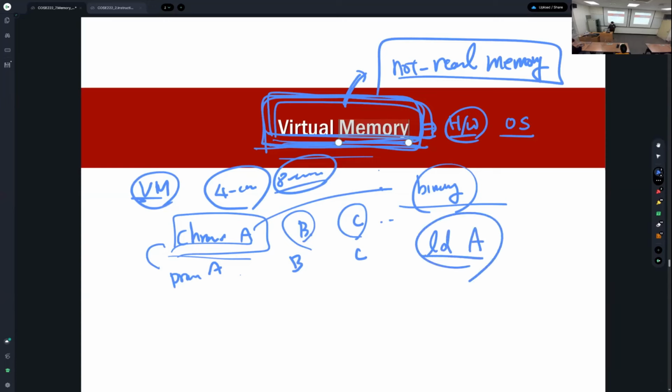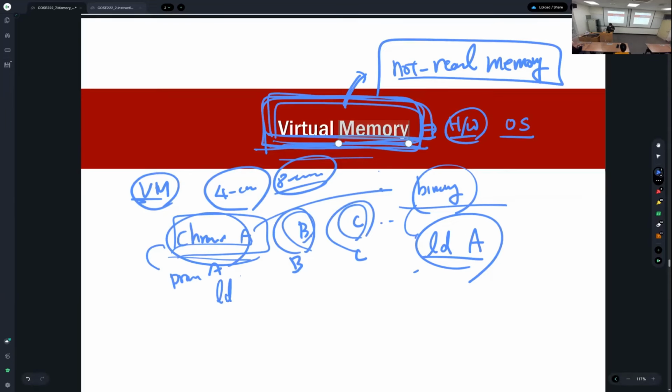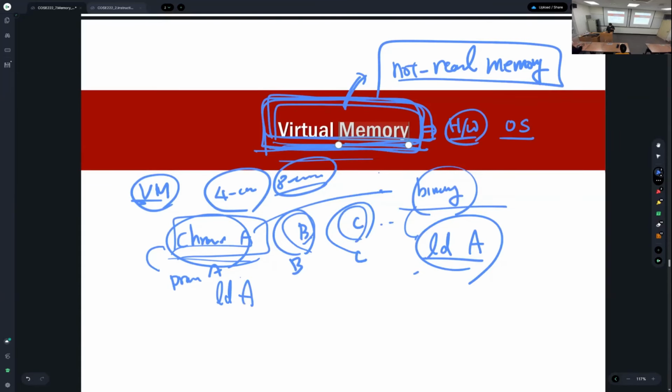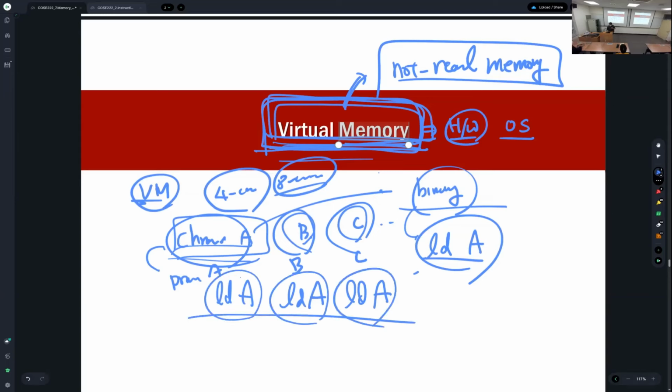Let us assume that this binary includes the load instruction, load A. This is the same binary file, which means that we are running the same load instruction, load A, and load A. What's the problem? The same load instruction is trying to access the same address of data.